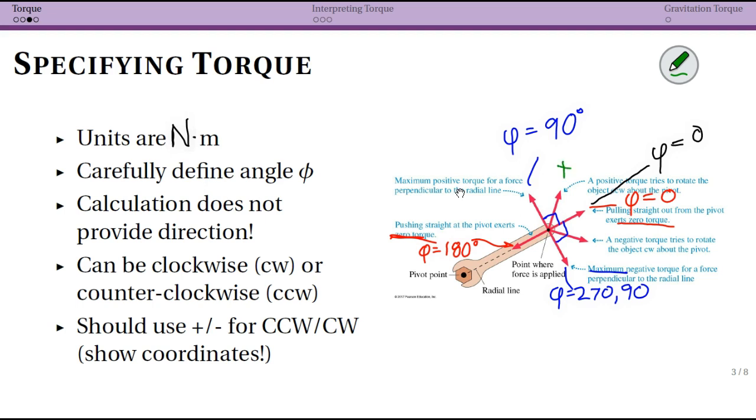So we call that positive. In this case, pulling down would try to turn my wrench in the clockwise direction, so this is negative. And this one down here is also maximally negative, this one up here is also maximally positive. So that direction, again, positive or negative, really only makes sense once you've tied plus and minus to clockwise and counterclockwise, and the convention of the book is for positive to be counterclockwise.